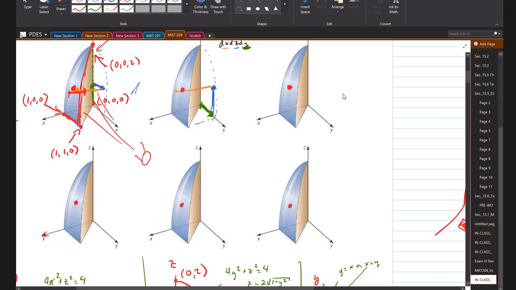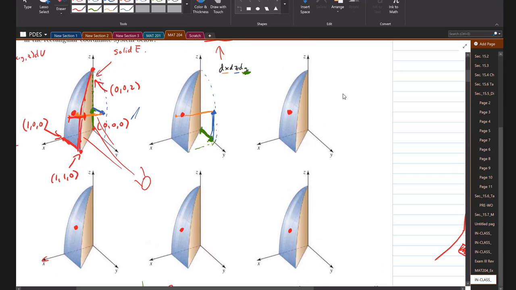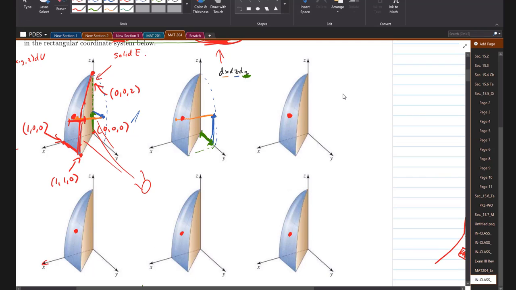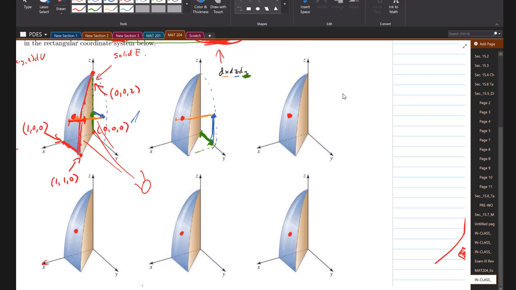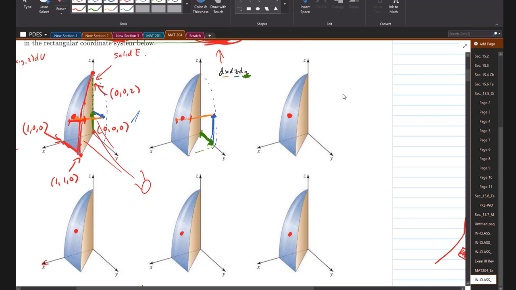But then my z has to be restricted to the region in the yz plane, so I can only go up until I hit this curve. Now I go out in x, and I start picking up x values when I hit the beige plane, and I stop when I hit the blue cylinder.